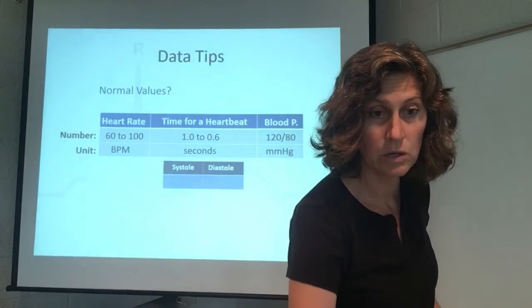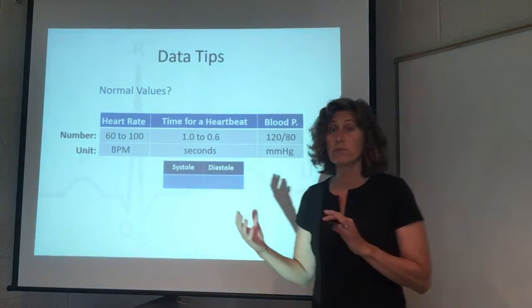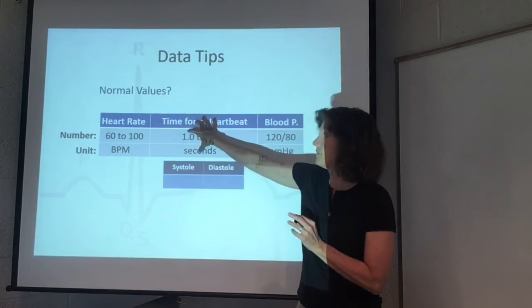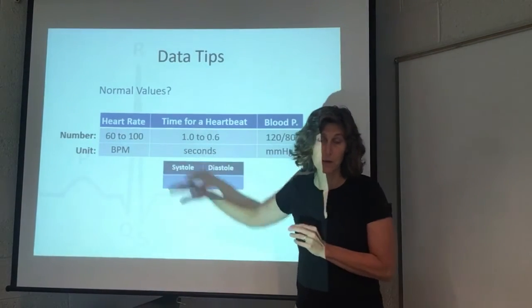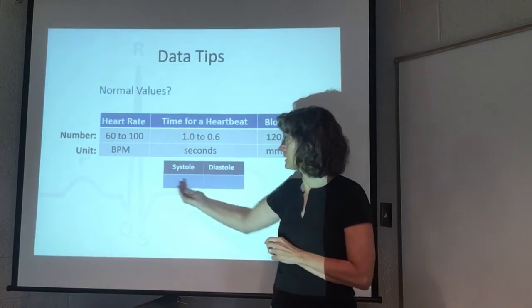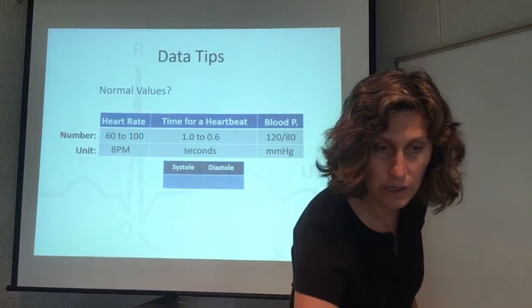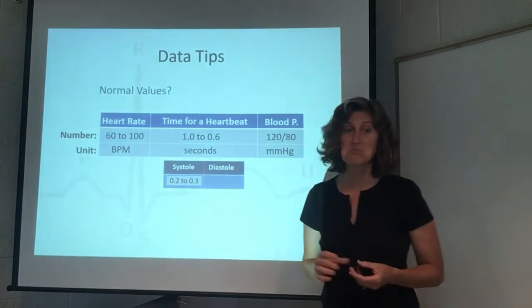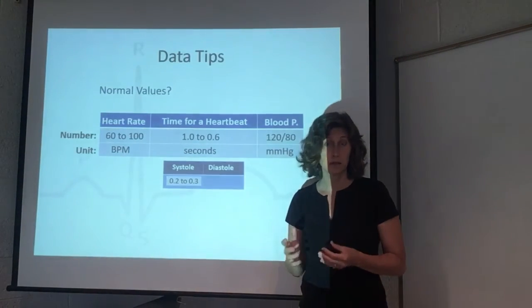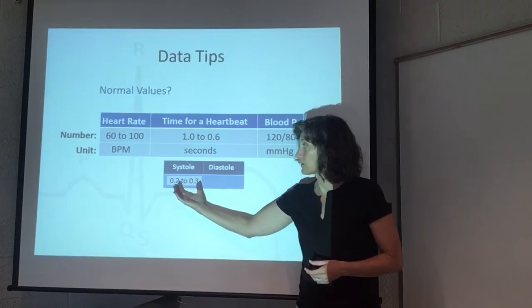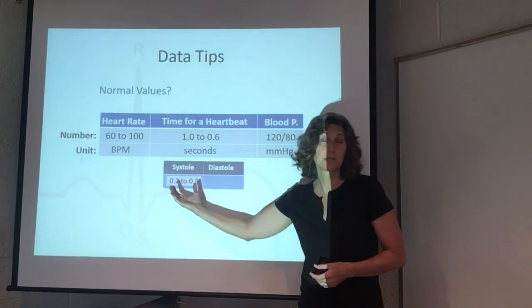And so, as we saw in an earlier video, between the two of them, they add up to the full time for a heartbeat, the full cardiac cycle. But it's interesting to see some normal values for systole and diastole. Systole is 0.2 to 0.3, or 2 to 3 tenths of a second, usually. That's normal for systole.